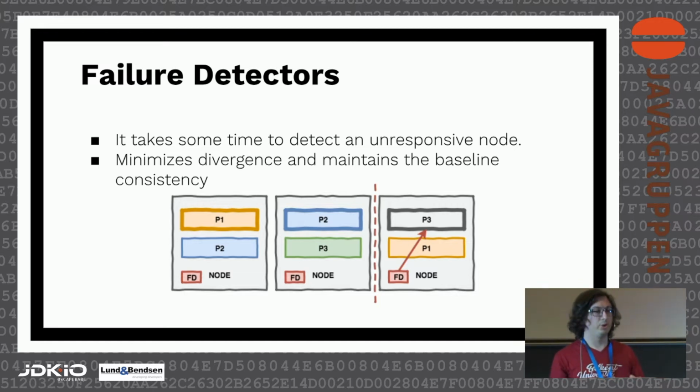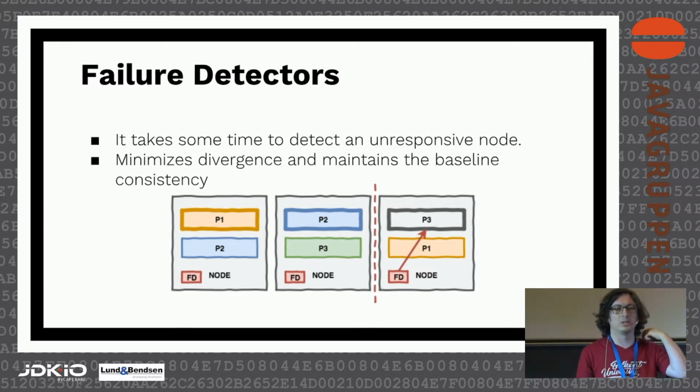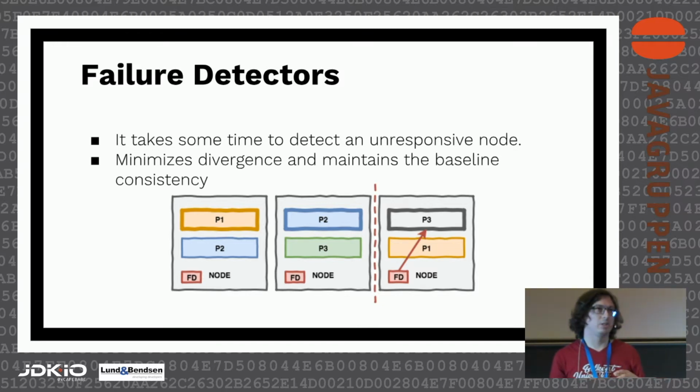In 3.9, we introduced a new probabilistic failure detector, the phi accrual failure detector, which is also used in other tools like Akka. And it helps us make faster failure detections by adjusting accuracy.